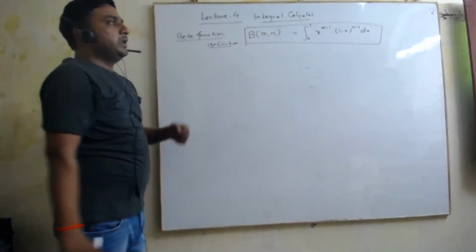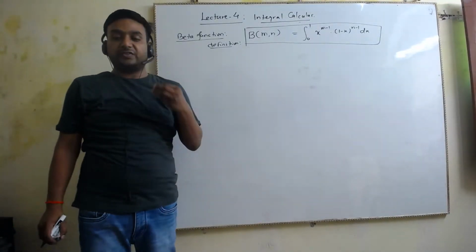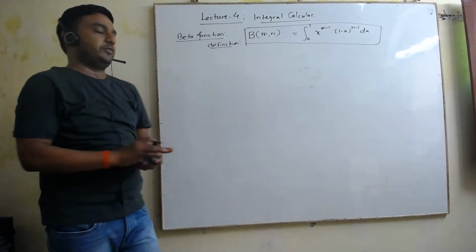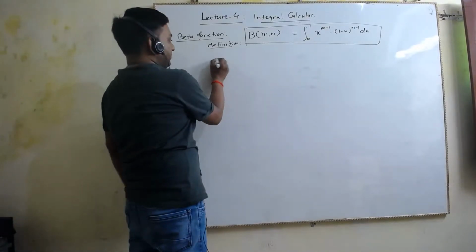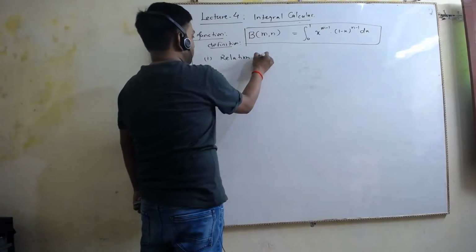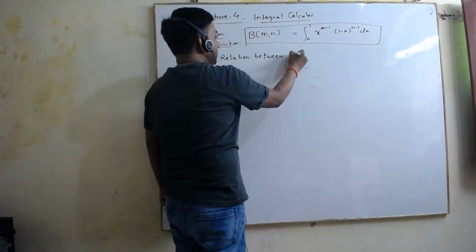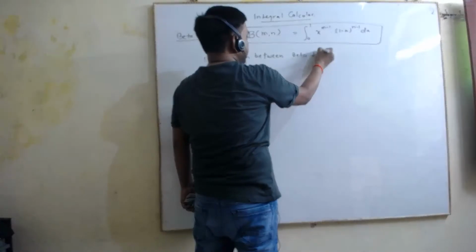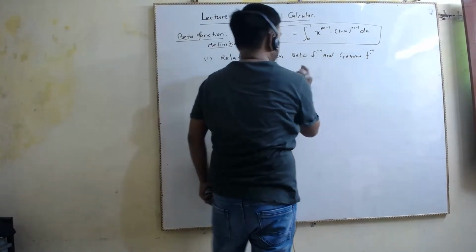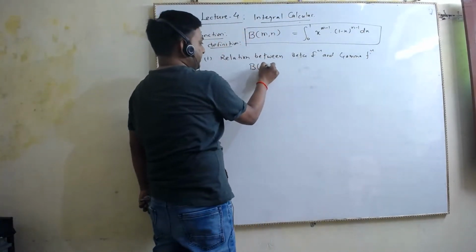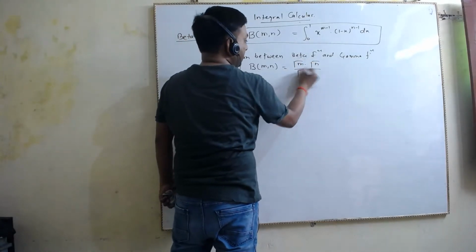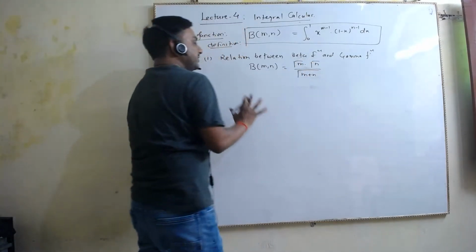Now, we will try to establish some relation between the beta function and the gamma function. So that is the first point here. Relation between the beta function and the gamma function. That is nothing but beta mn is gamma m into gamma n upon gamma m plus n.